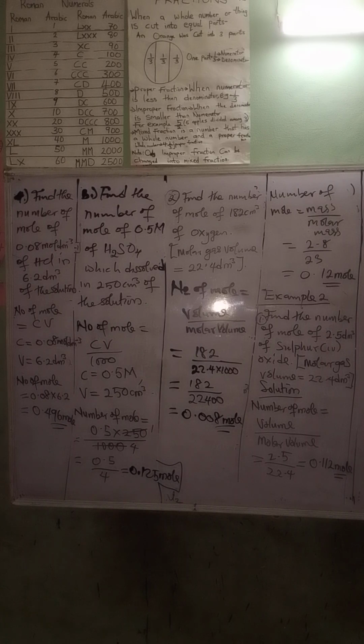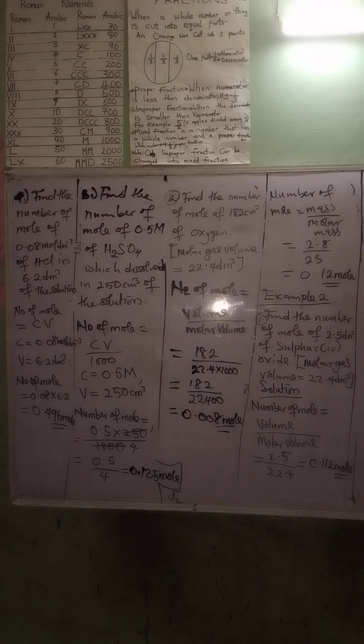So we have gotten that. We have used three formulas of number of mole here: mass over molar mass, volume over molar volume, then CV over 1000 and CV. So these are the various ways of calculating number of mole.